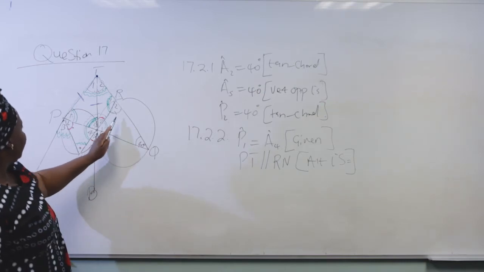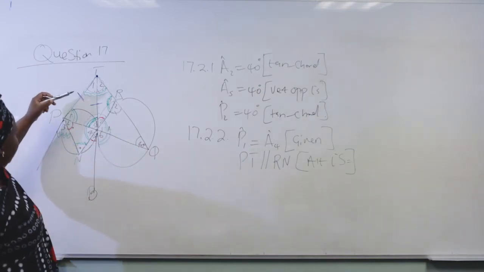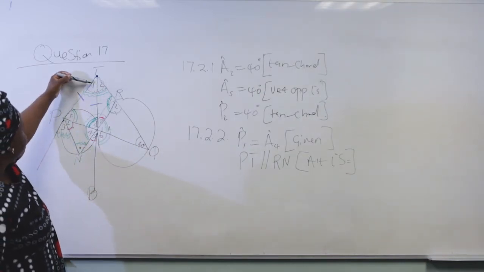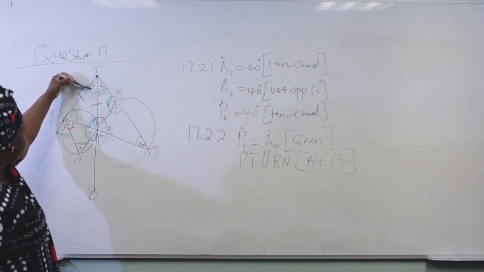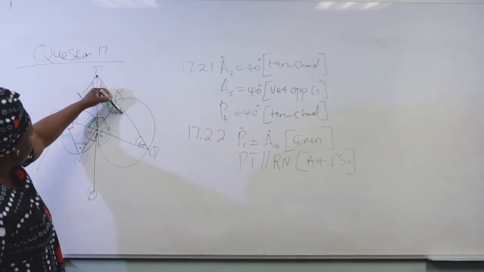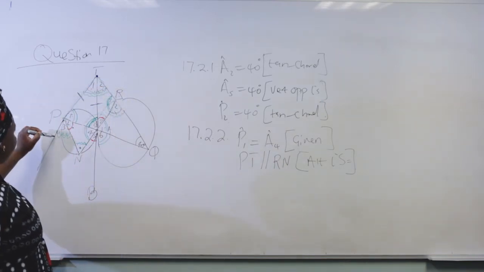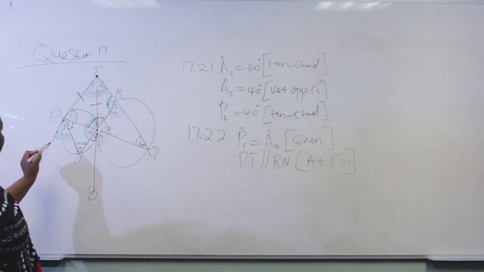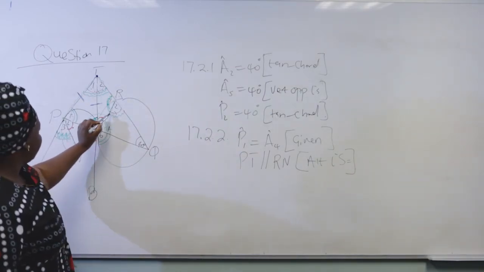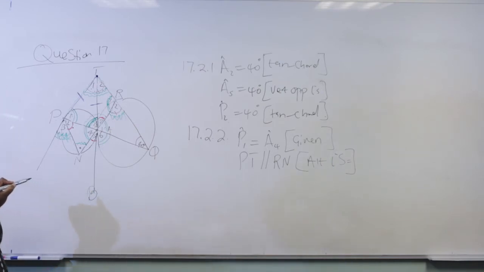Also, we have realized that this angle T, let me see if you can relate R2 with angle P, because that's what we need to get right. If angle P is related to angle R2, it means we get to the solution.